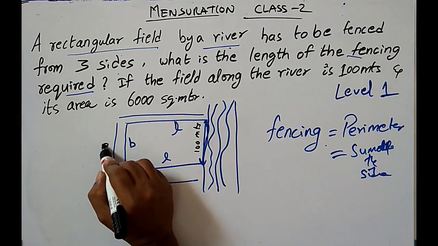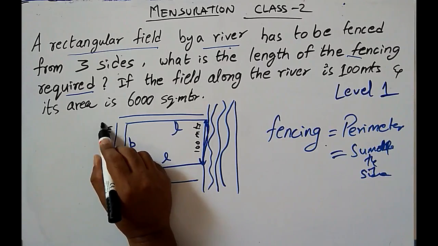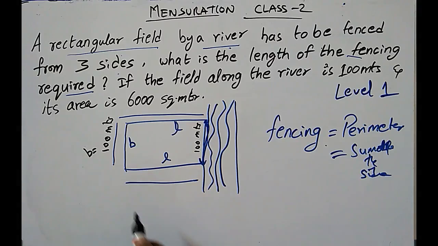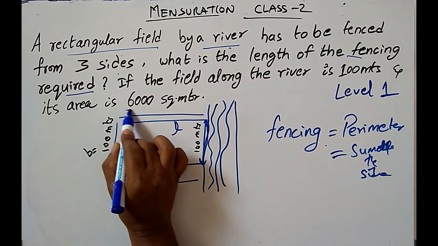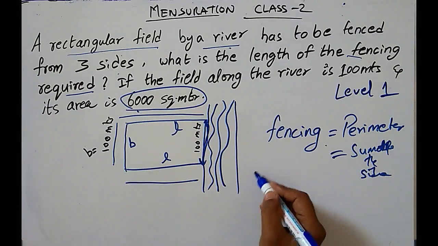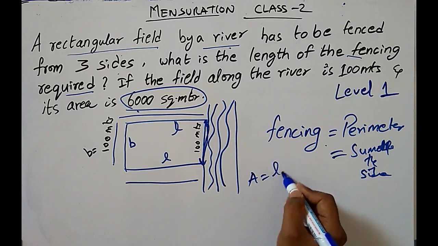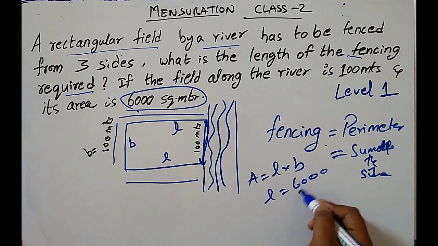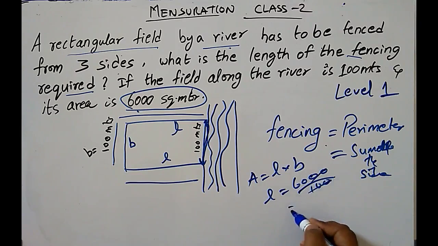Obviously the opposite sides of the rectangle are equal, so the breadth is also 100 meters, and area is given, friends. Area is 6000 square meters. From this we can find the length. Area is equal to length into breadth. Length is equal to 6000 by 100, which is nothing but 60 meters.